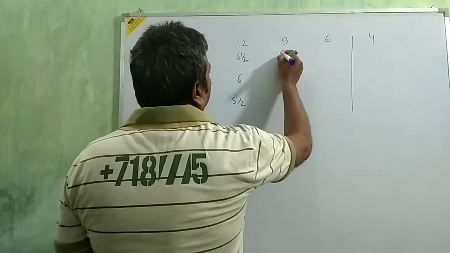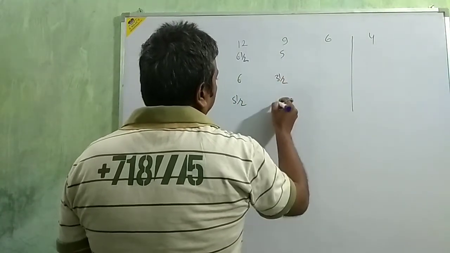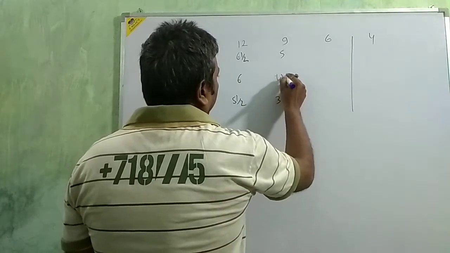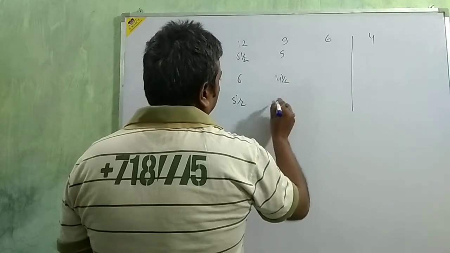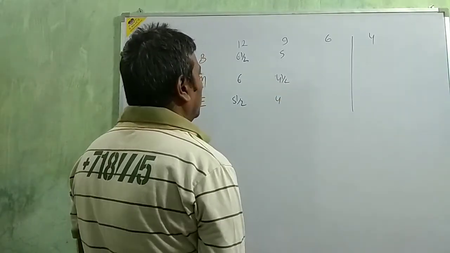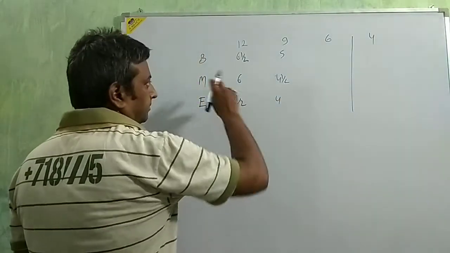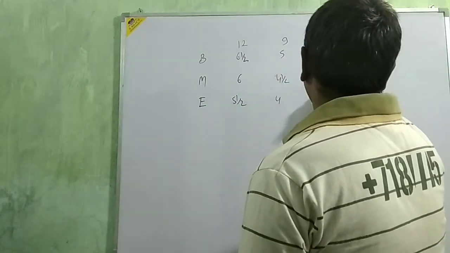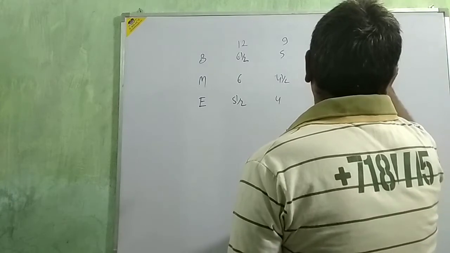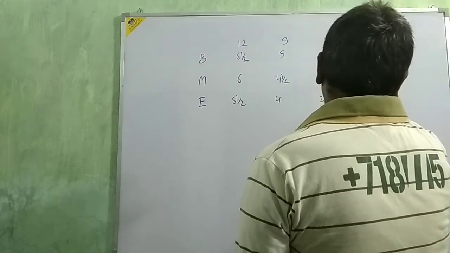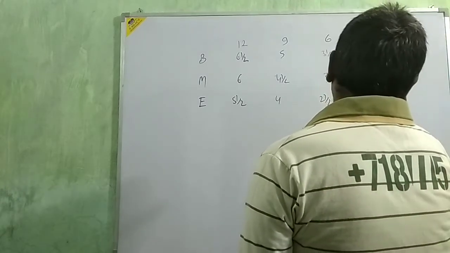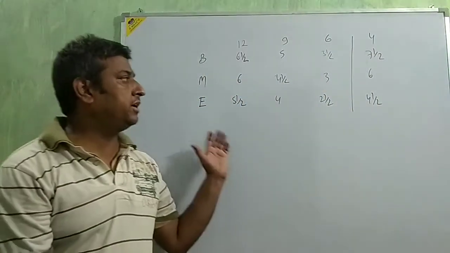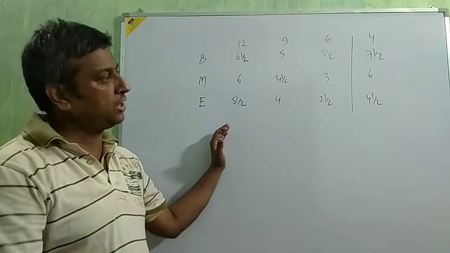Here 5, 3.5, and then 4.5, and then 4. Okay, beta? And this side again 3.5, 3 and 2.5. Here 7.5. Okay, beta? And 6 and 4.5. This is the table.